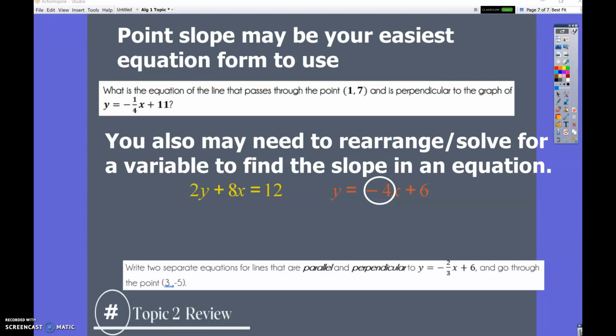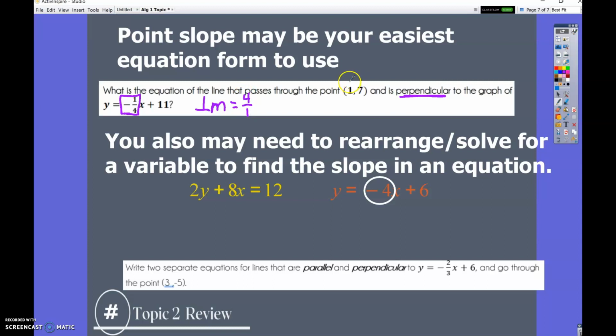Another quick note about parallel and perpendicular lines: point slope might be your easiest equation to use. It may seem like the most difficult, but for example, in your packet you tried one like this where it said you want a perpendicular line to the line -1/4 x plus 11. So the perpendicular slope being the opposite sign, so no longer negative but positive, and flipping the value would be 4/1.